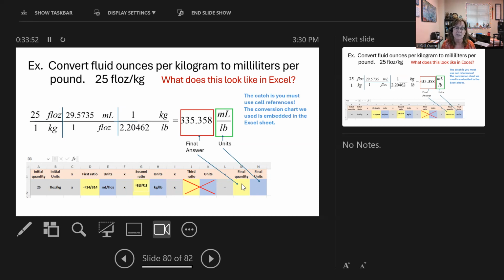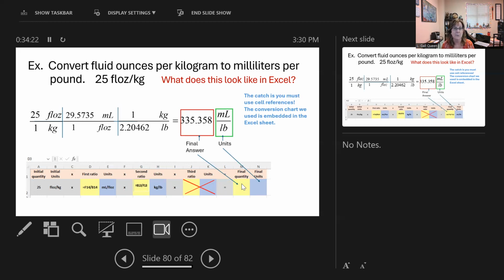So how do I get my final units? All I have to do to get the final quantity here is start at the very beginning, way over where we have the original quantity 25, and multiply the number 25 times my first ratio in that first yellow cell, and that's in cell D2. And then I'm going to multiply that by the second ratio, which is the second yellow cell there.